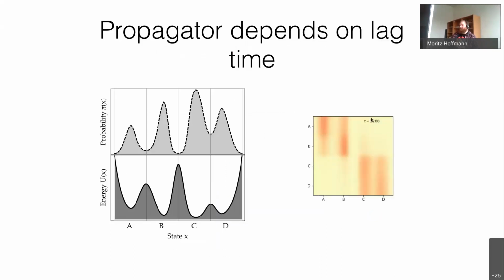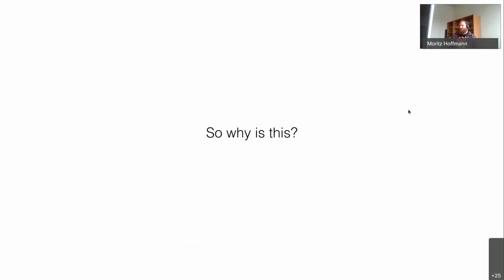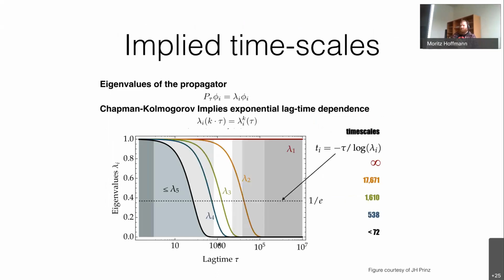Here, tau is 2200. We go back here, 2200 is somewhere here, maybe. And that means that the lag time that we propagate, the tau, is larger than the timescale of lambda 3 and also lambda 4. So in this case, we couldn't resolve this process anymore. This is why we lost the faster transitions AB and CD.